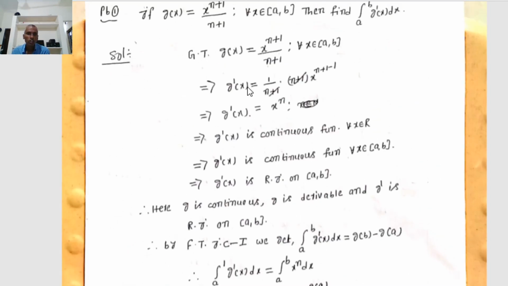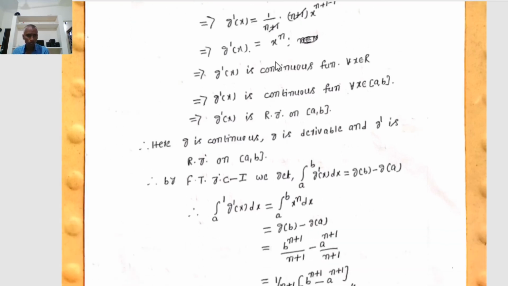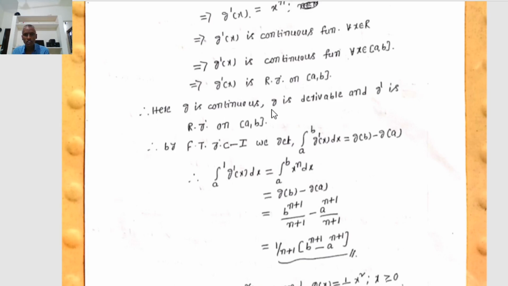Therefore, we observe that g(x) is also a continuous function on the closed interval [a, b], because g(x) equals x^(n+1)/(n+1), which has a finite value on any interval. That implies g is continuous, g is derivable, and g' is Riemann integrable on [a, b].